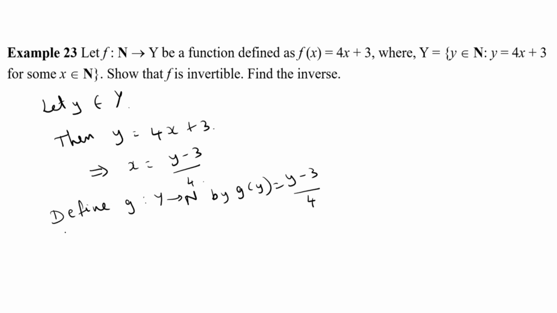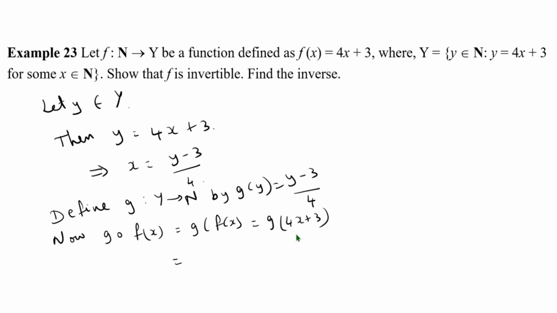So first we will find g of f of x. This is equal to g of f of x, which is 4x plus 3. So we have g of y is equal to (y minus 3) by 4.